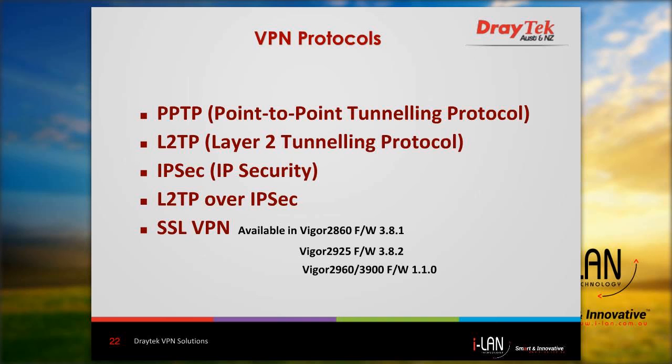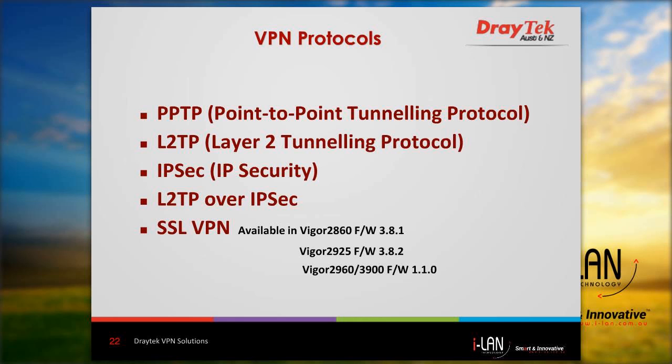And IPsec, this next one shown there, provides a mechanism for secure data transmission over IP networks. It ensures confidentiality, integrity, and authenticity of data communications. It uses the Internet Key Exchange Protocol for key and security information exchange.